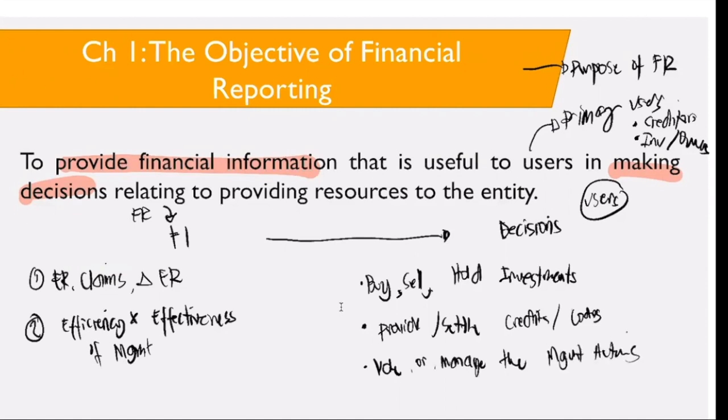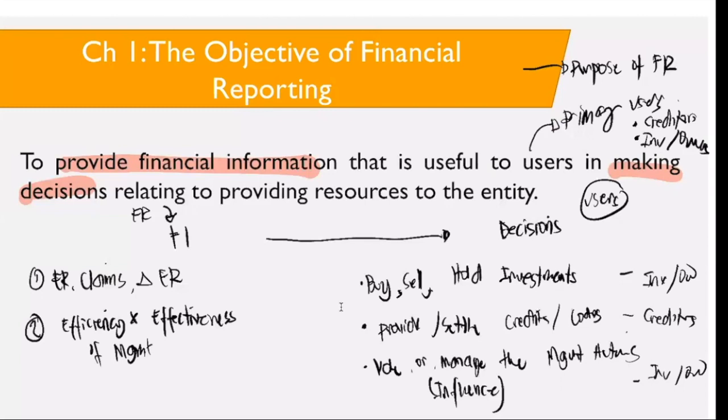These are done by the investors or owners. So normally, buy, sell, hold decisions are made by investors or owners. Provide or settle credit or loan decisions are made by creditors, and voting or influencing management actions are also done by investors or owners.